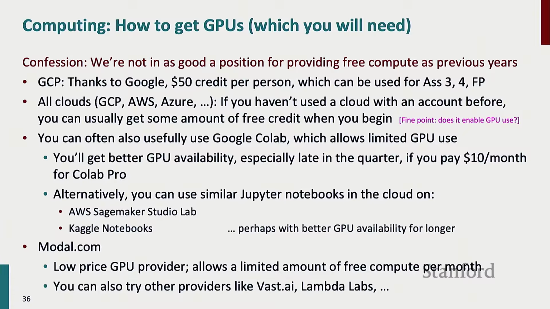Up until and including last year, we had invariably managed to get very generous cloud computing giveaways from one or other cloud computing provider, which really provided a lot of computing support. But there's the great GPU shortage on at the moment due to the great success of large language models, and it turns out that cloud compute providers just aren't being as generous as they used to be.